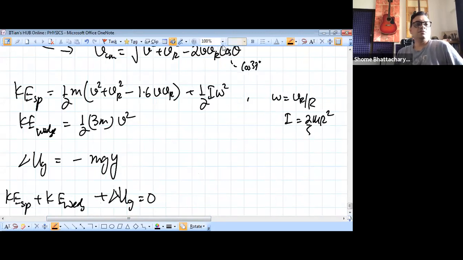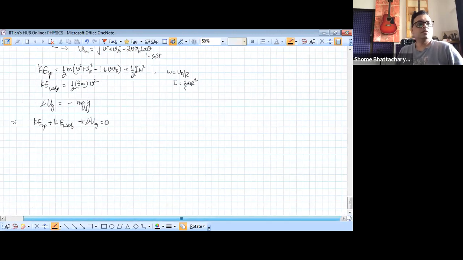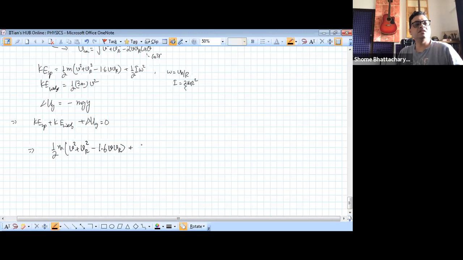So we can make use of all this equation now. This is going to be half m V square, the translational kinetic energy of the sphere, plus the rotational kinetic energy, we can write this now as half into 2 by 5 into (V by R) whole square.